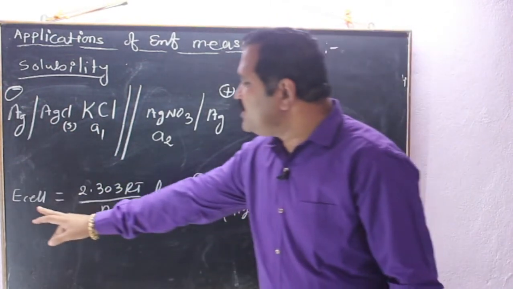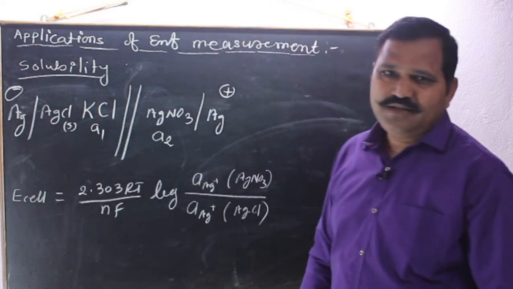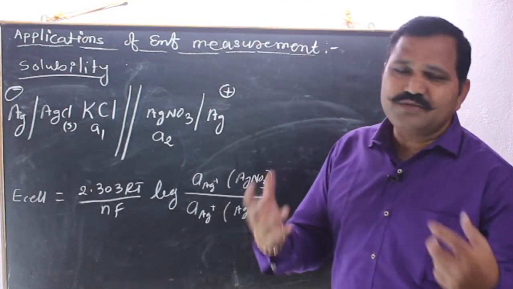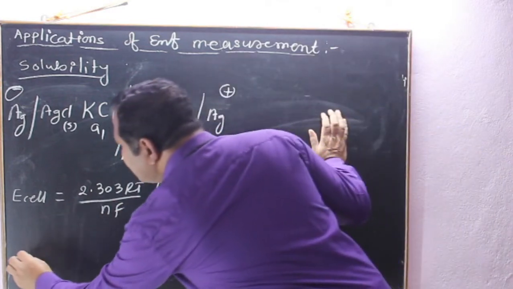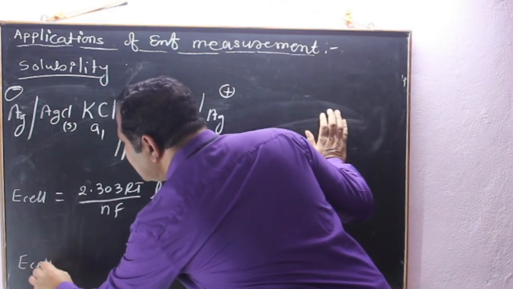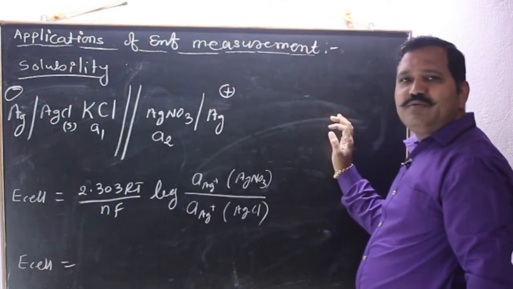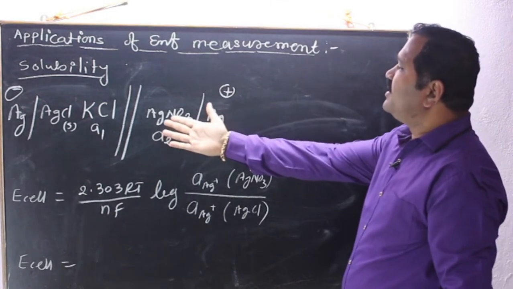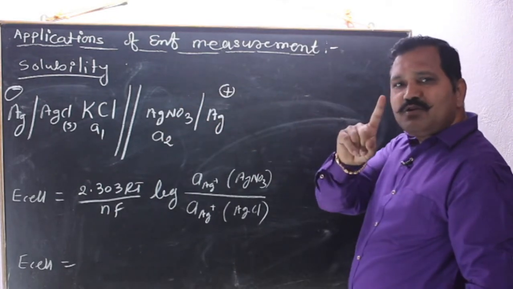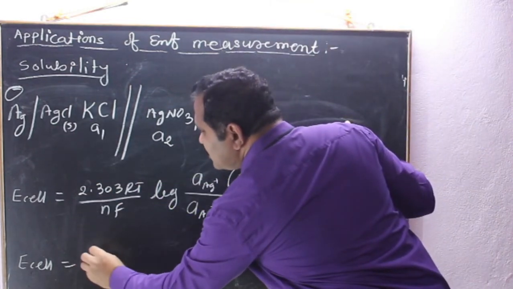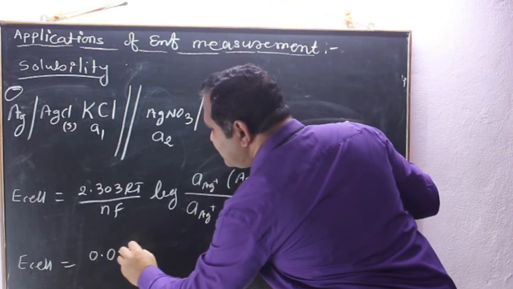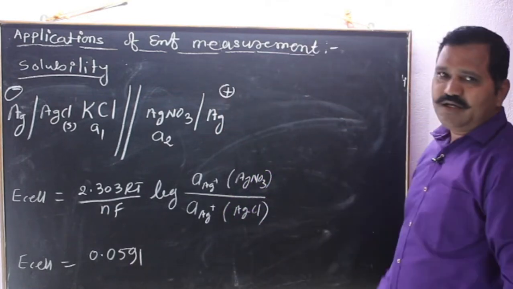Now EMF of this cell is measured. E cell is measured with the help of a potentiometer. Therefore, E cell is equal to, at 298 Kelvin, what happens? Number of electrons transferred, for Ag plus the number of electrons transferred is 1. Therefore, 0.0591 at 298 Kelvin.